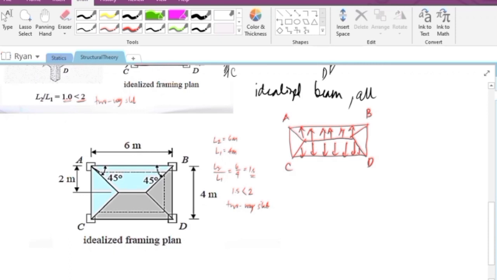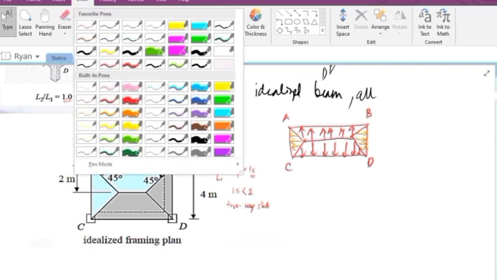So the load carried by beam AB is just the same as the load carried by beam CD. And the load carried by beam BD is a triangular load, and that load is just the same as the load carried by beam AC. So we will solve just one, beam AB and beam AC.